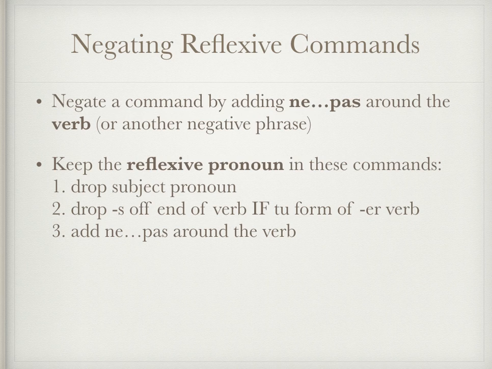We're going to form these the exact same way that you would form a regular sentence, and then just negate the sentence. So we actually have the exact same 3 steps for negating reflexive commands and non-reflexive commands. We drop our subject pronoun, drop the S off the end of a tu form of an ER verb, and add ne pas around the verb.